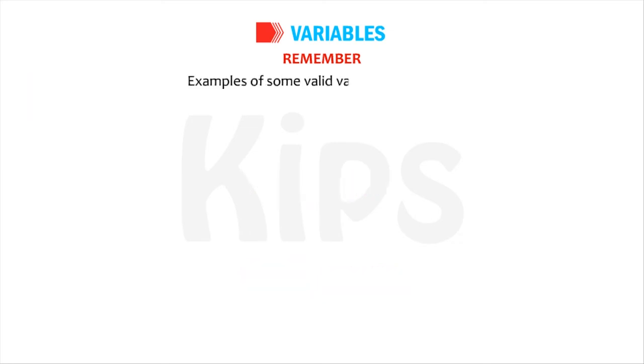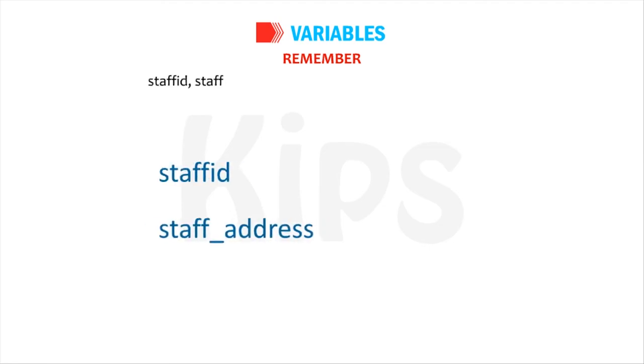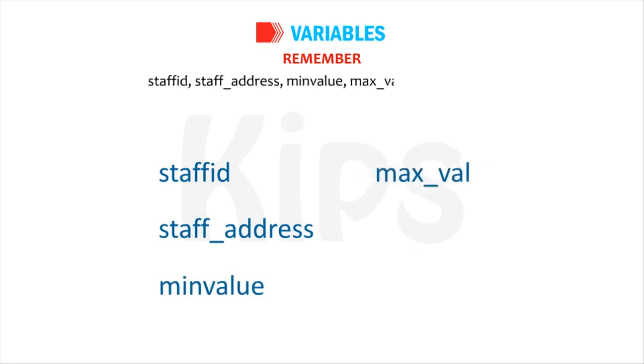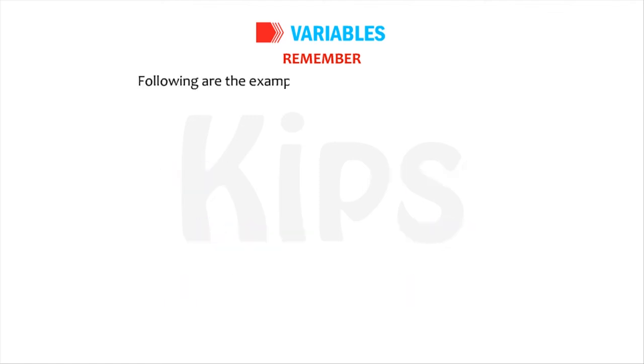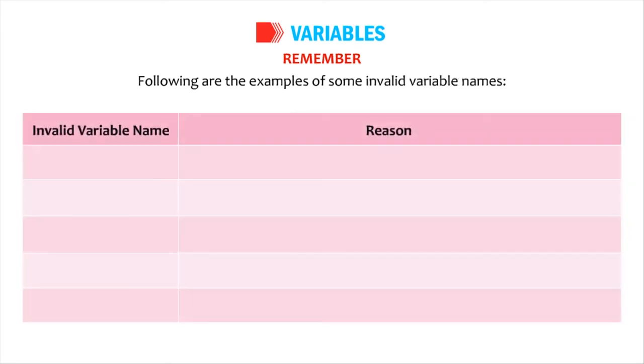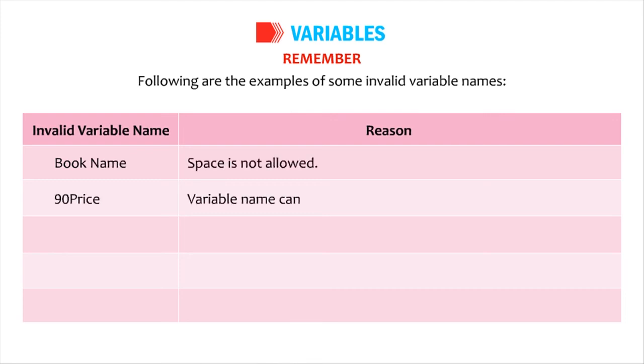Examples of some valid variable names are Stafford, staff_address, min_value, max_value, age1980, a45R. Following are the examples of some invalid variable names. Invalid variable name: book name, reason: space is not allowed. 90price: variable name cannot start with a digit.